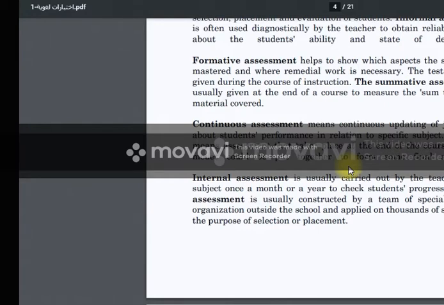Okay, now let us go to the last pair, which is called coursework versus examination. How do we differentiate between them? Who can differentiate between this pair of assessment?